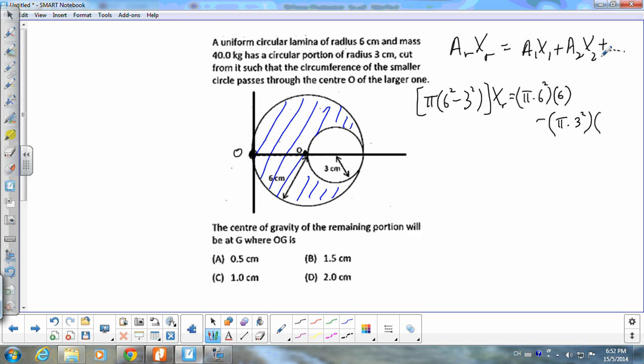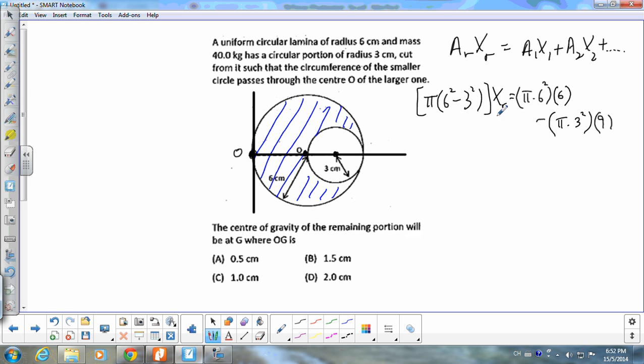Similarly, X2 also represents the CG of the small circle, and the CG is at the center of the circle. But X2 always takes reference from the 0, so from this point to this point. What is the distance? The distance is 9 cm, so we must put times 9.